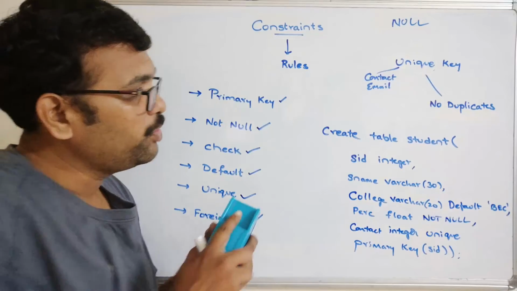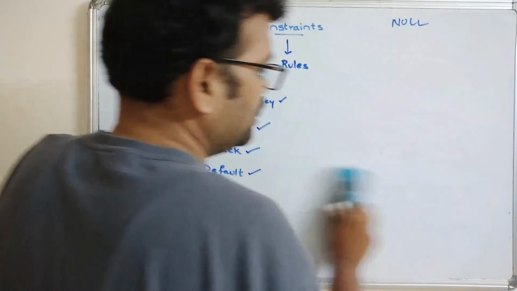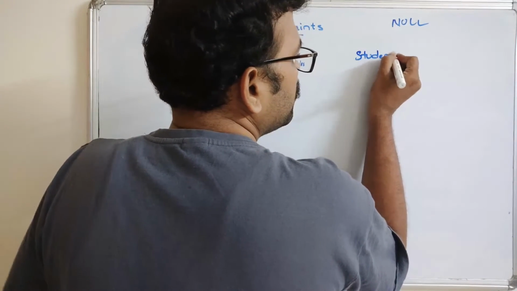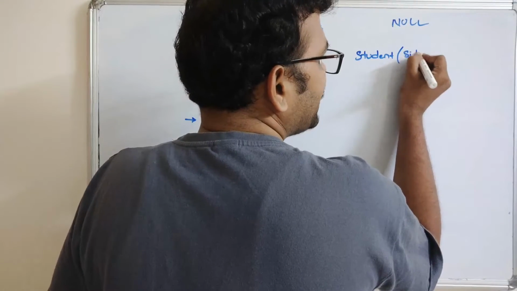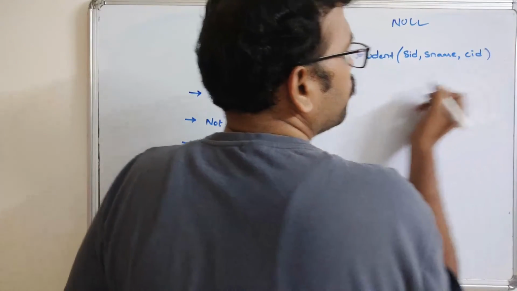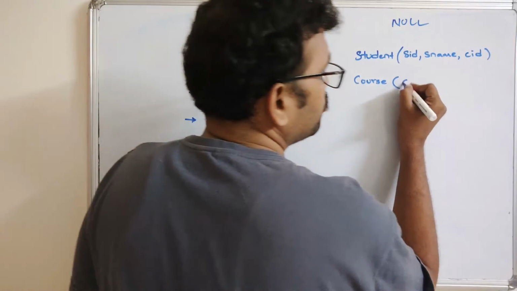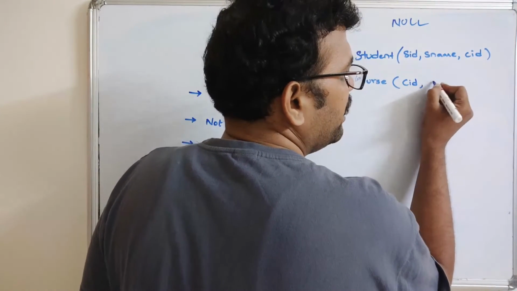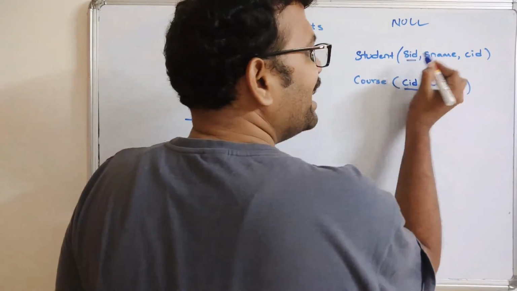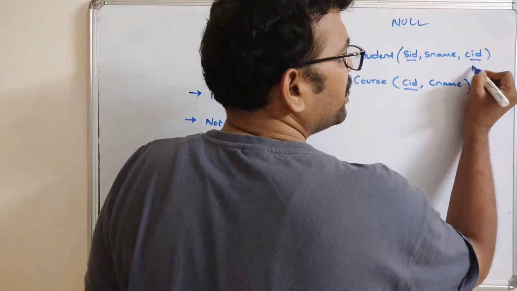For example, I have two tables: student, with SID, name, and course ID, and one more table called course, with CID, course ID, and course name. You know that course ID is a primary key, and the course ID in the student table will be the foreign key.